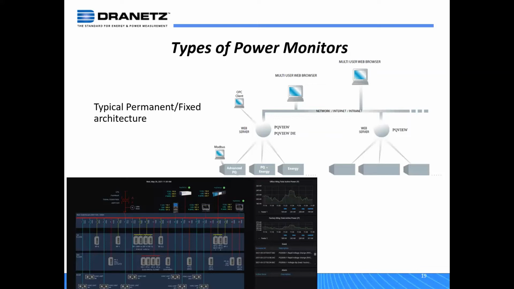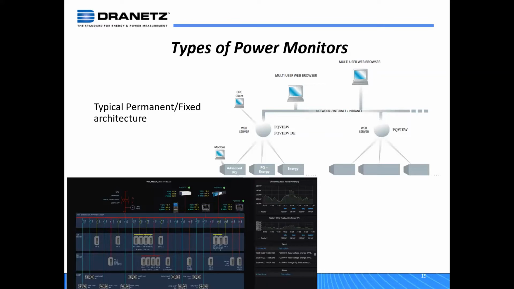A lot of times it might involve mitigation devices in between the point of common coupling, or the utility, and where the critical load is. There might be a UPS, for example. In that scenario, you would monitor the input of the UPS, which is your feed coming in from the utility, and then you monitor the output of the UPS, which essentially is the input to the critical loads.